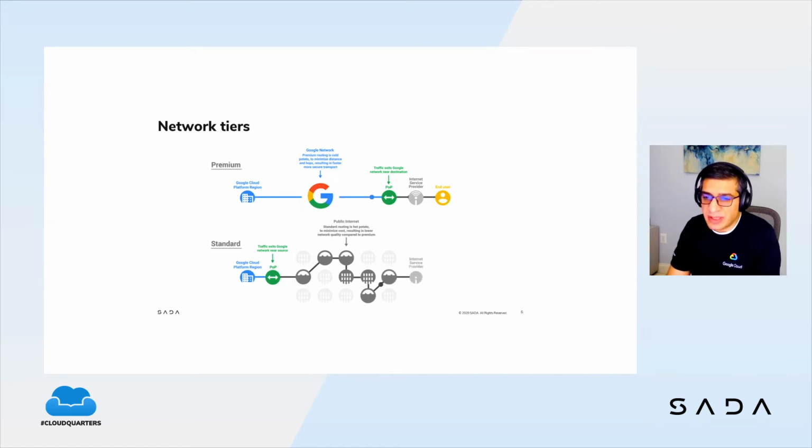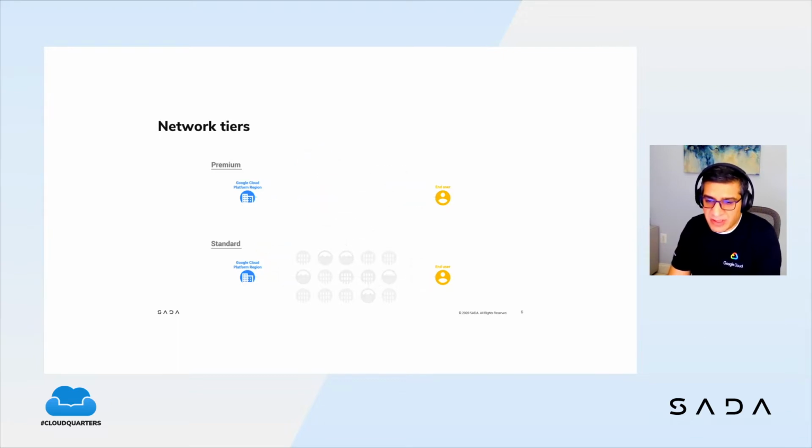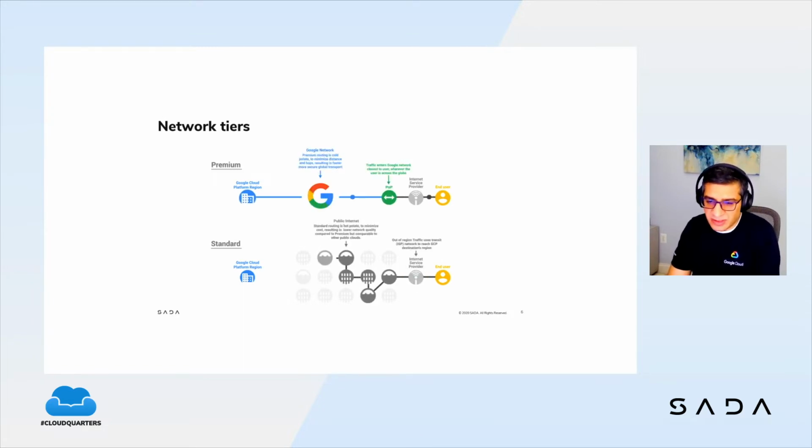Usually, customers with network-sensitive applications can leverage the Premium tier. The Standard tier is similar to the network experience you get with other cloud providers, and in this case, we use what we call in the networking world hot potato routing.